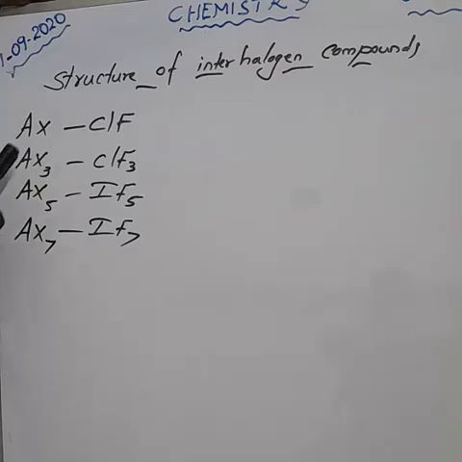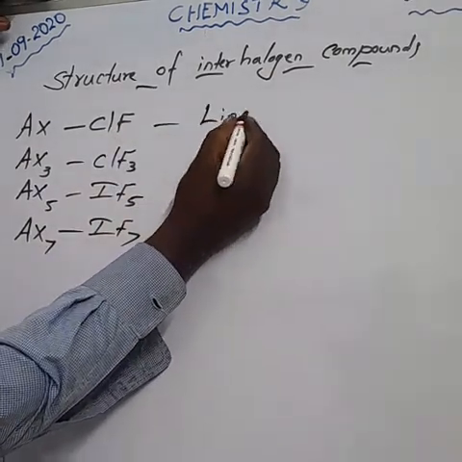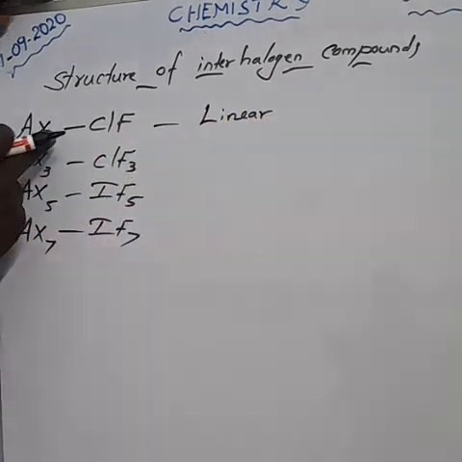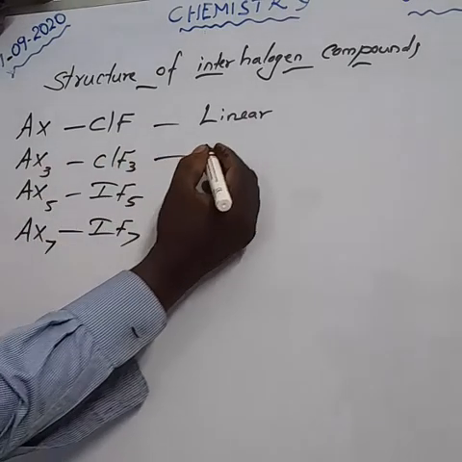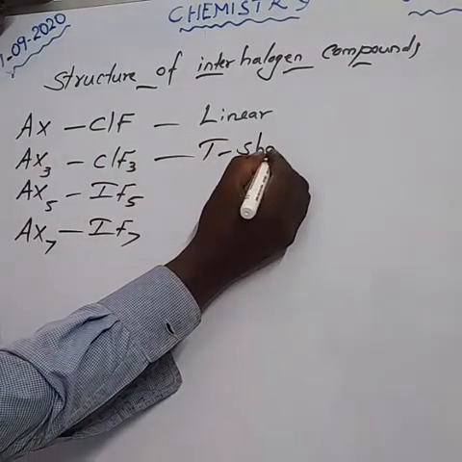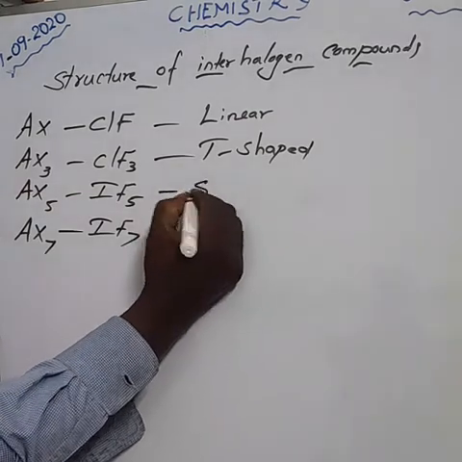Here, the structure of AX type is linear, for example ClF. Next, the structure of AX3 is bent T-shaped. AX5 is square pyramidal.